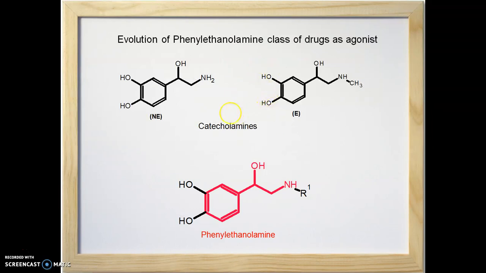Now, after discovery of norepinephrine and epinephrine as prototypical compounds, phenylethanolamine class of drugs have started to evolve and have been extensively studied. Epinephrine and norepinephrine are catecholamines, while here in this case we are talking about phenylethanolamines.